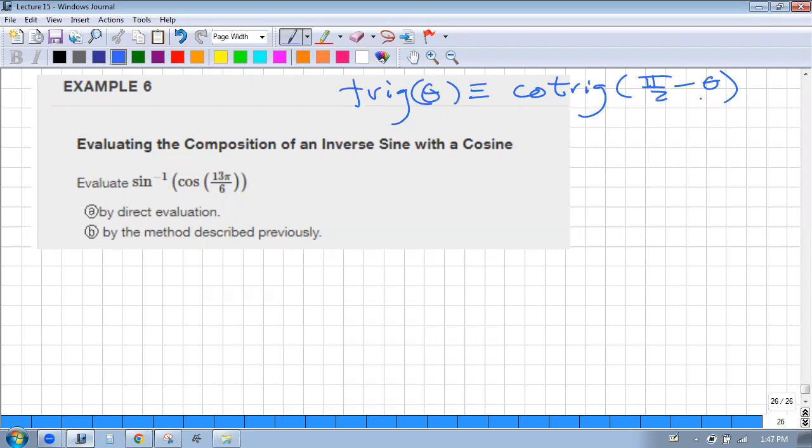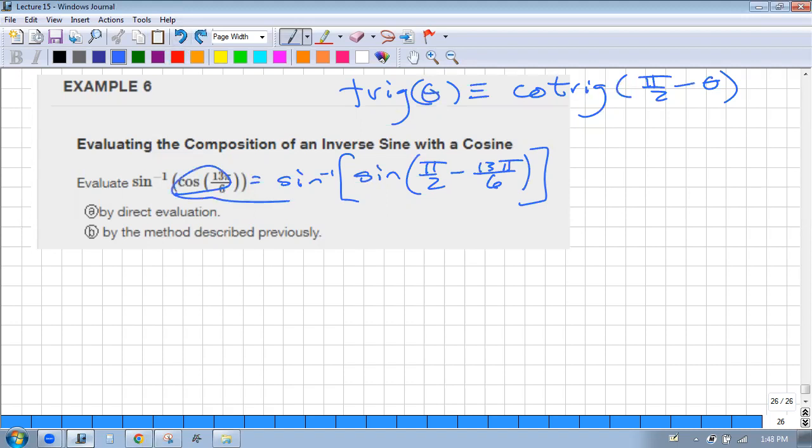You can always do the switcheroo here. So this guy, let's replace the cosine with sine, in which case we have to change the angle to its complementary angle. So I'm just using this. I'm replacing cosine with sine of 90 minus that angle.